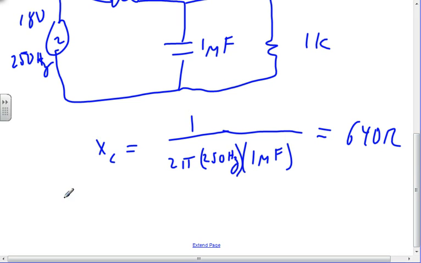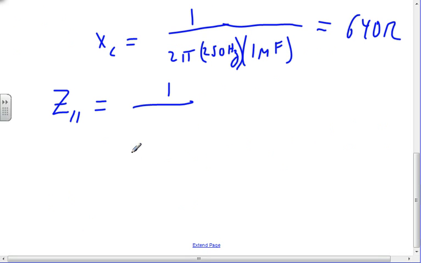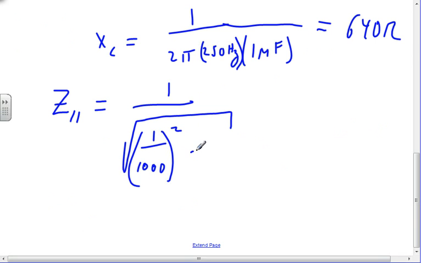All right, now I know that. So now I'm going to find the impedance across the parallel path. 1 over the square root of 1 over 1,000 squared plus 1 over 640 squared equals.